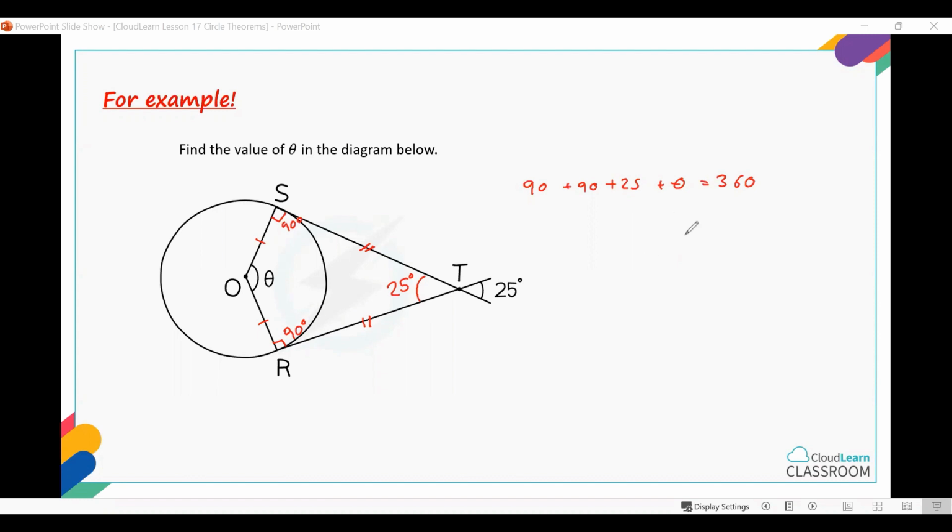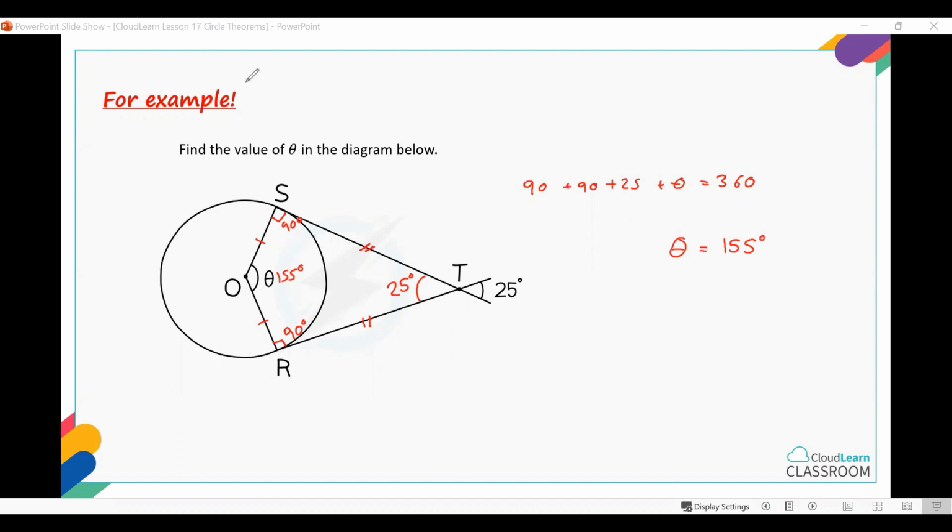Fabulous. That's the same as what I got. Brilliant. So theta equals 155 degrees. Okay, so there we go. 155 there. All right. So that is an example of using those two tangent theorems together.